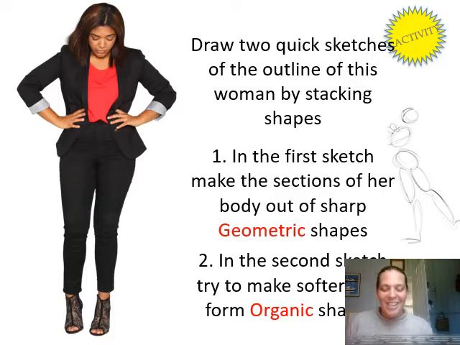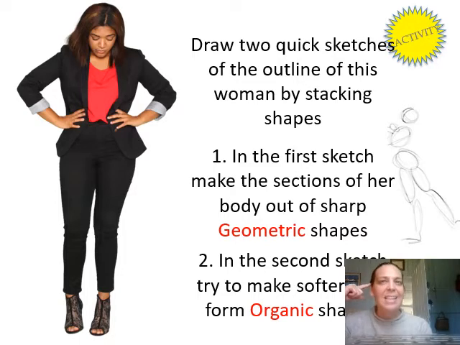Here's a second activity today. I want you to draw 2 really quick sketches of this outline of this woman by just stacking simple shapes. I put a little sketchy thing in the side there so you understand what I'm looking for. In the first sketch, I want you to try to make your tower of shapes all out of geometric shapes, so really rigid, sharp corners that make up the outline of this figure.